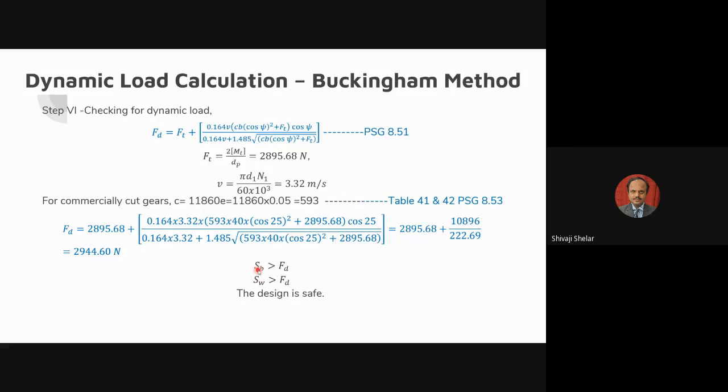This value is around 12 kilonewton, this value is around 9 kilonewton, and your FD value is just around 3 kilonewton. So considering this fact, your design is safe under dynamic load. This tells that your design is safe, and you can use this pair for any design or any accessory you want to connect.